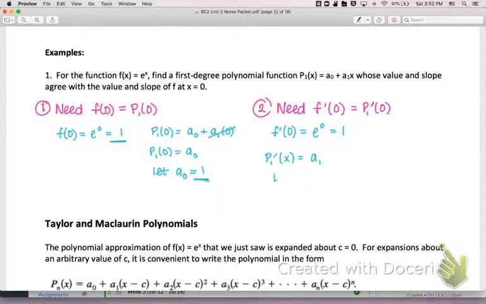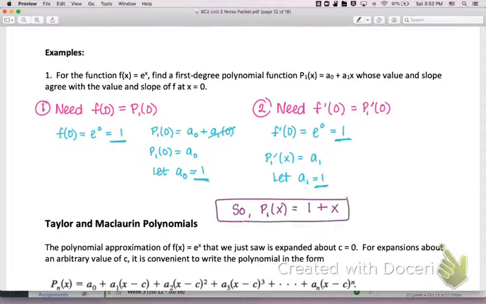That tells us that we need to let a sub 1 equal 1 as well, because we want 1 and a sub 1 to be the same. So now that tells us that the polynomial that we want, p sub 1 of x, the first-degree polynomial that's going to approximate f of x equals e to the x for values near x equals 0, is going to be 1 plus x.